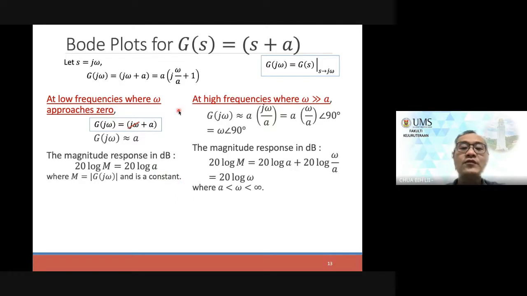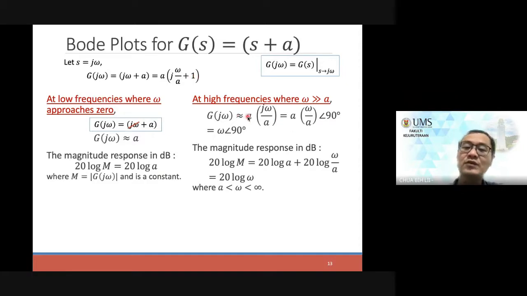Now, for the high frequency, where omega is much higher than this A value, what happens is that these terms become dominant, and the 1 becomes somehow negligible.